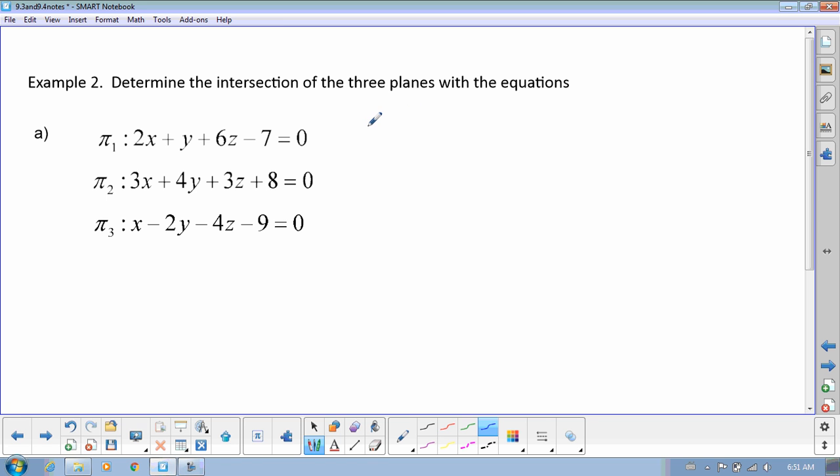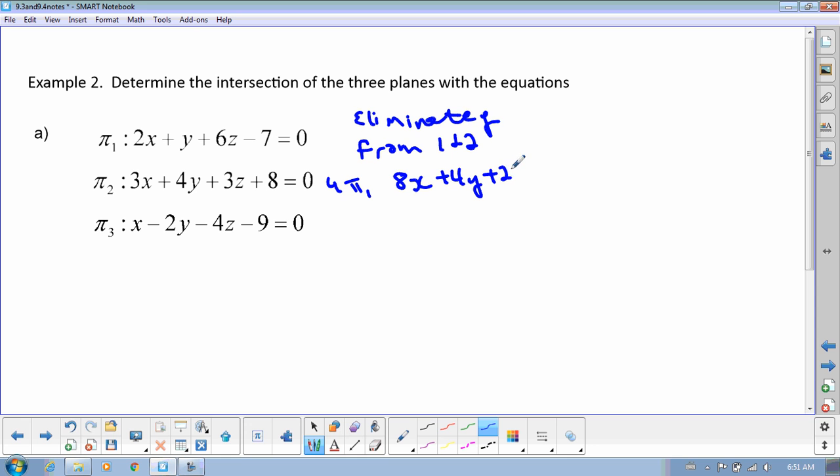So I'm going to choose a variable to eliminate. So I'm deciding to eliminate y from 1 and 2. So in order to do that, I need 4 multiplied by the first one. So I have 8x plus 4y plus 24z, and I'm going to move that 7 over. That's going to equal 28.